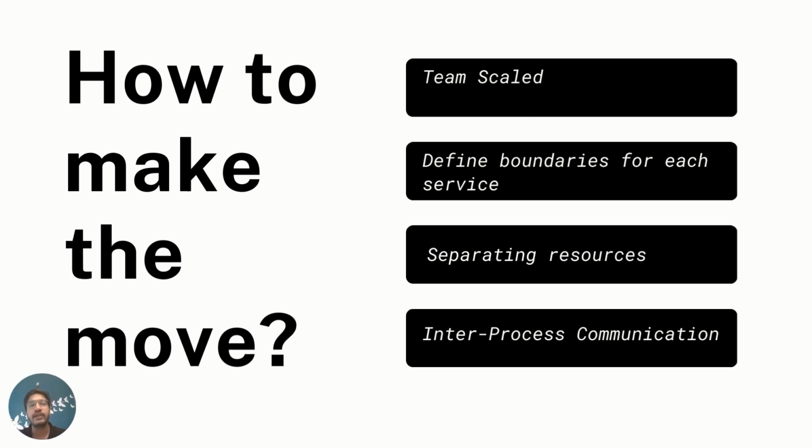The time to move to a microservice architecture is not when you have a lot of scale or a huge number of users, but when your team has started scaling.